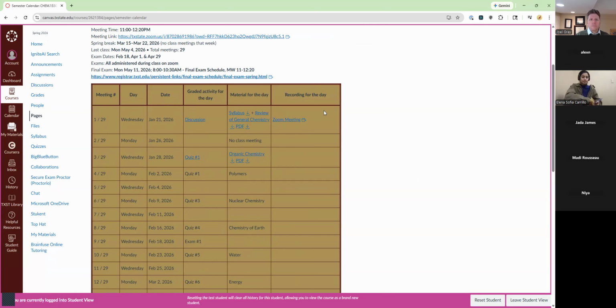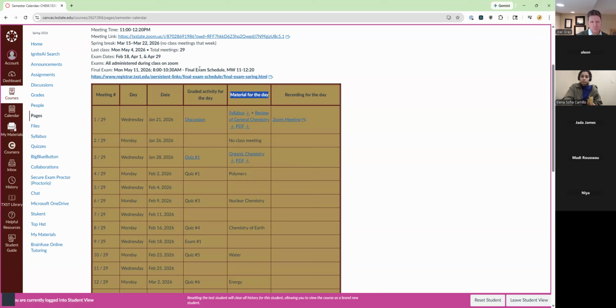If you're ever confused or concerned about where to get the materials for the class, they are going to be found in the material for the day. I'm always going to post a PowerPoint file as well as a PDF.